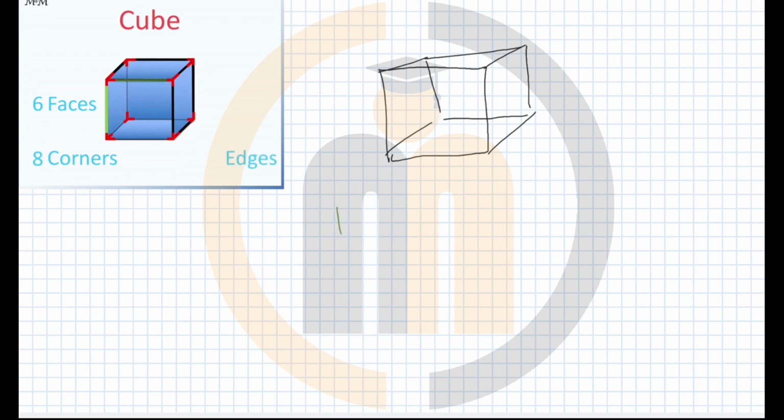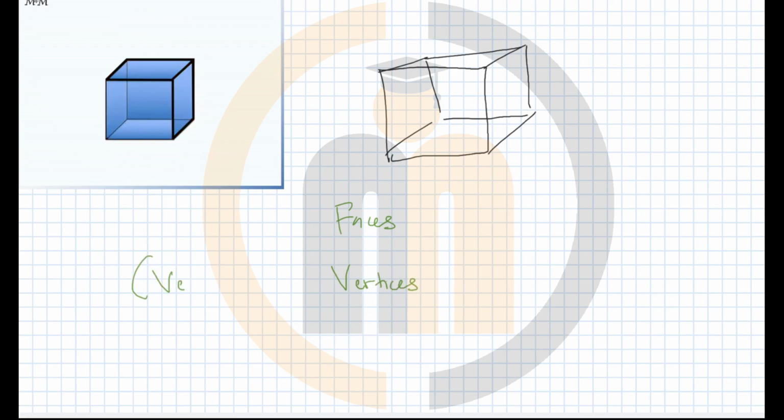We have a few different properties we need to look at. We have faces. Then instead of corners, we call them vertices. This is plural, but it's actually a vertex for one. And lastly, edges or sides. Basically every shape has these properties.